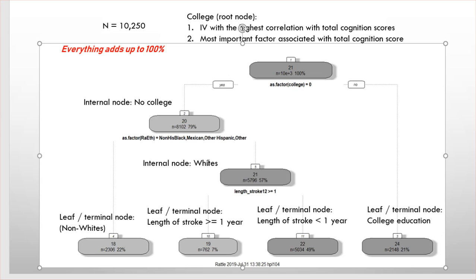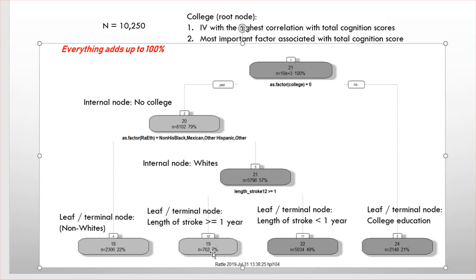And from these internal nodes for whites with no college degree, it is further branched out into those with the length of stroke of at least 1 year and those with the length of stroke less than 1 year.